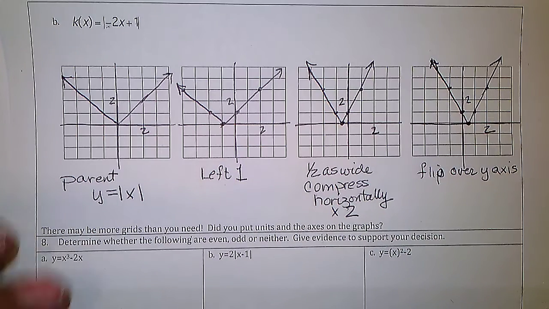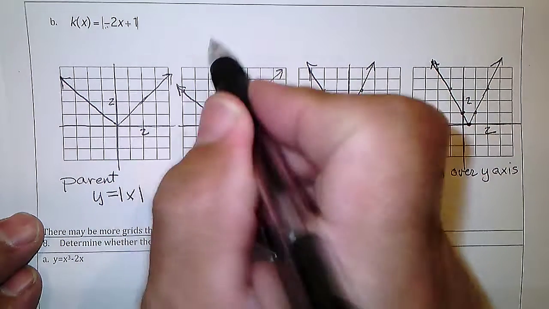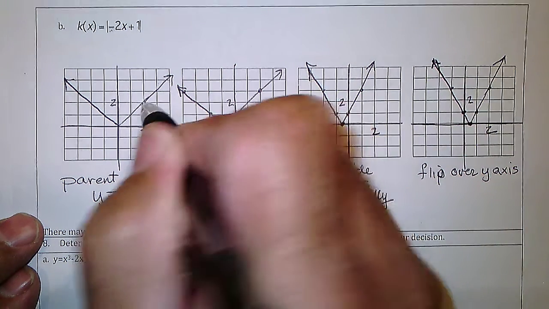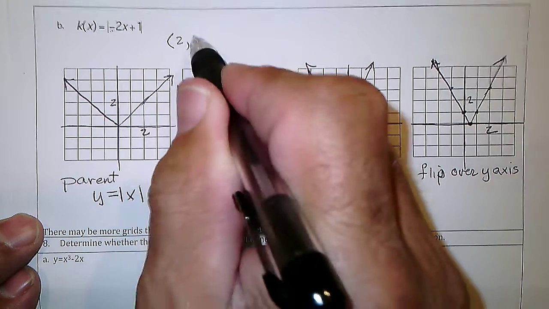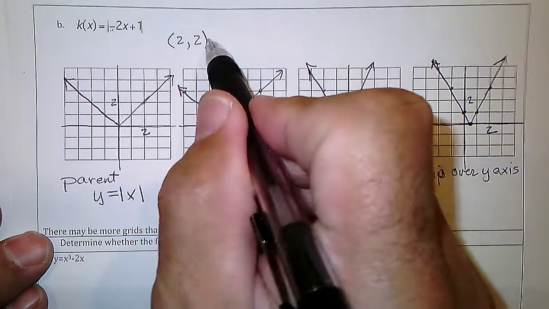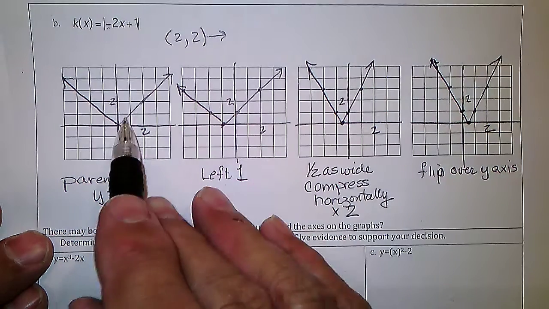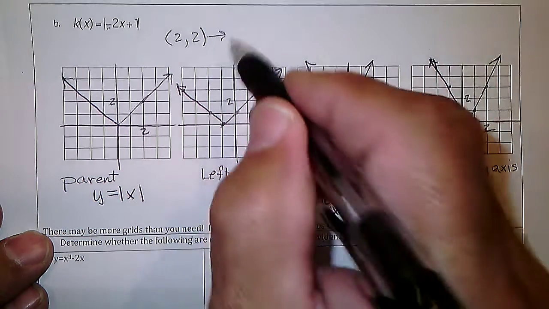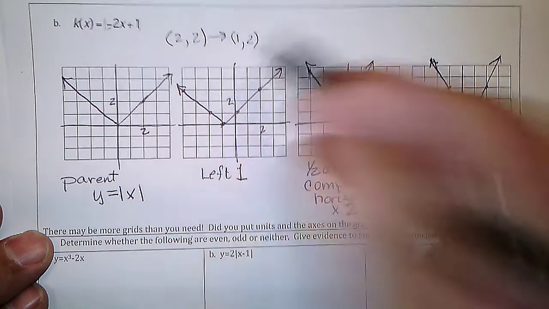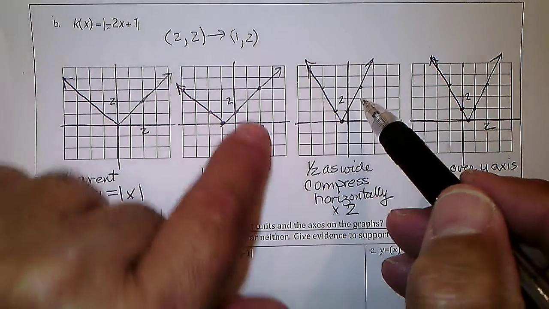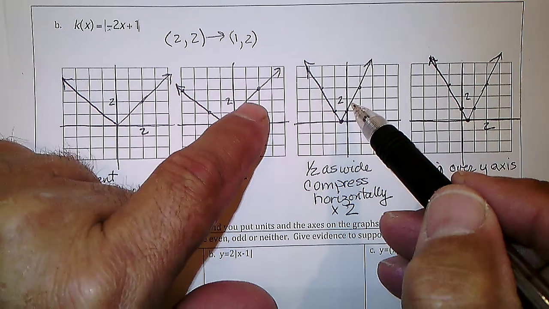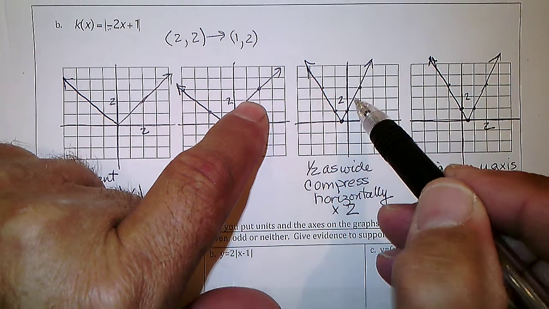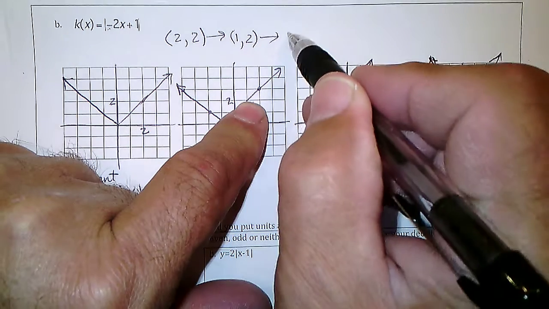Now, I could ask you, tell me what the image of the point, I didn't, but what's the image of the point 2, 2? 2, 2's on the original graph. Where does it go? Well, in the first one, 2, 2 went to 1, 2. And then 1, 2, when we moved it over, it went to a half, 2 with the compression.